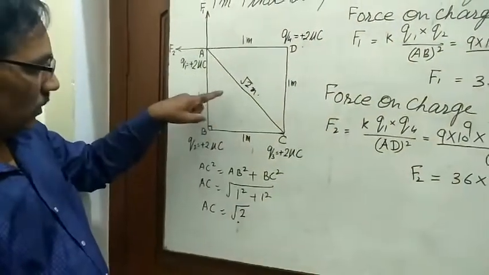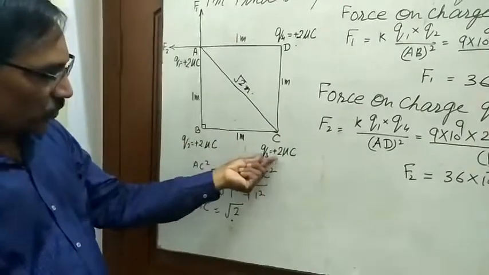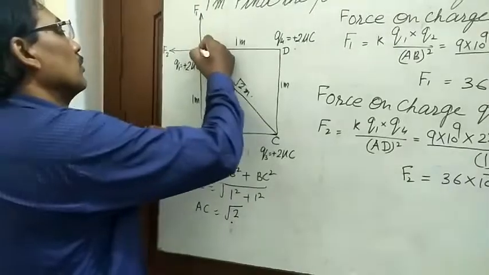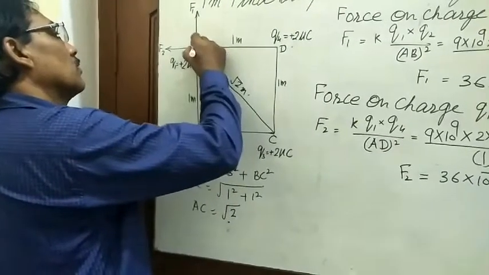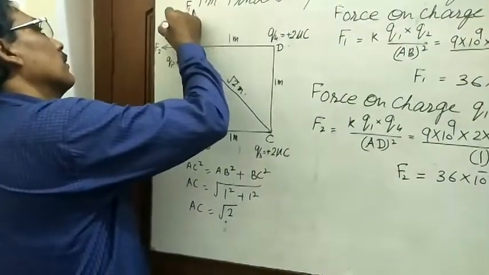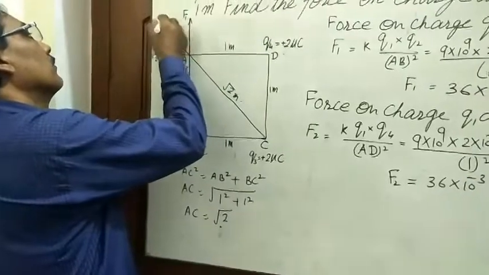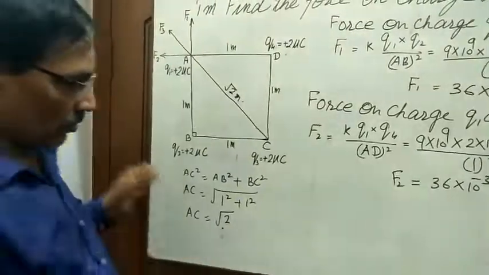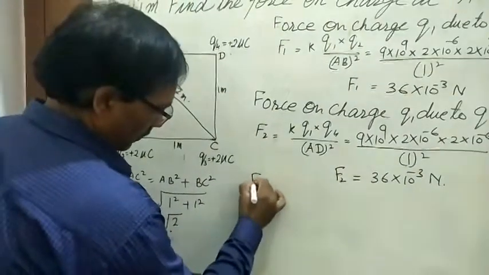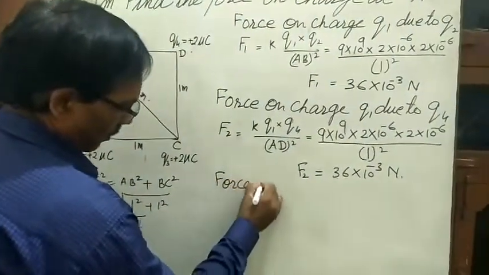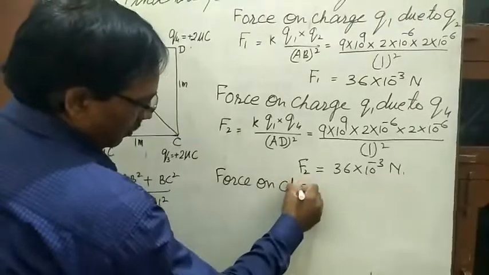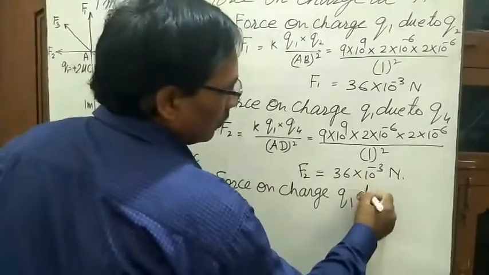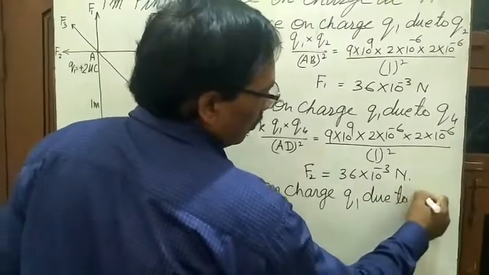Now the force on Q1 due to Q3, it will act along this CA, that is in this direction. This one. This is suppose F3, force on charge Q1 due to Q3.